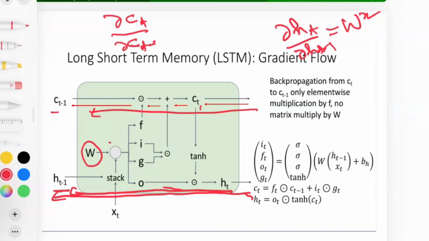Now let's go back. C_t is not your final state. You could have a lot of different states on this side, maybe going up to the N-th state. So from this side you will get an upstream gradient at this point. Suppose I'm considering this part.